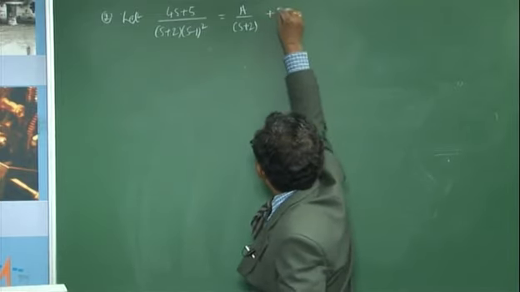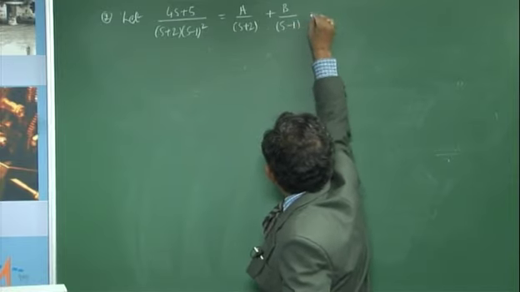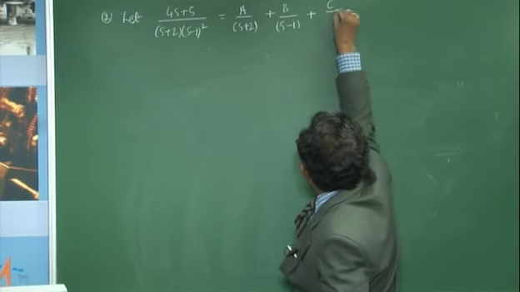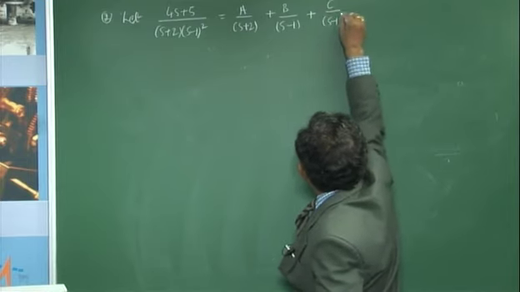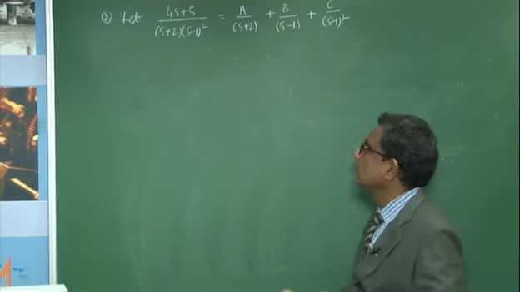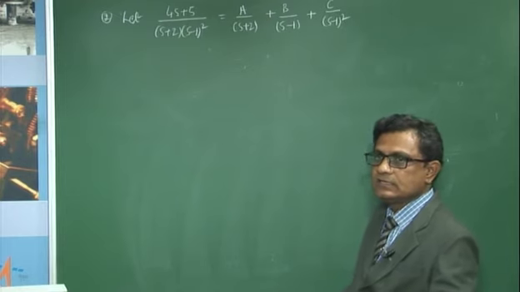How are you going to write it? B divided by (s − 1), then since it is repeated 2 times, again C divided by (s − 1)². Now, as usual, you have to find the constant values A, B and C.